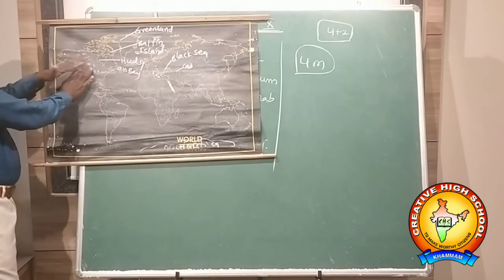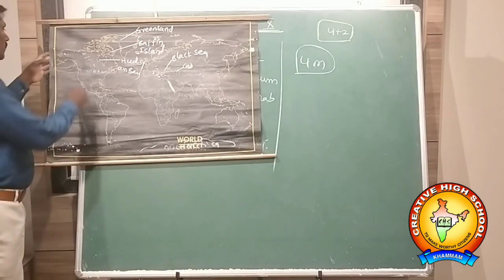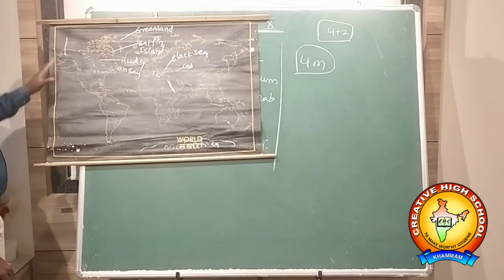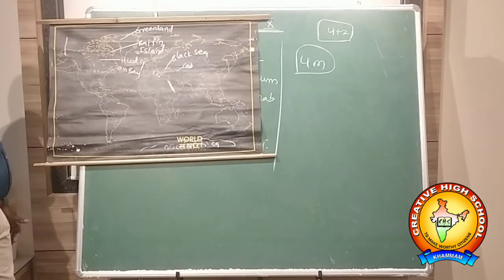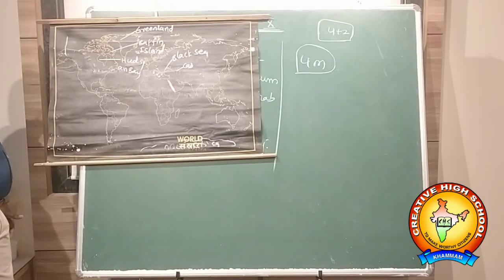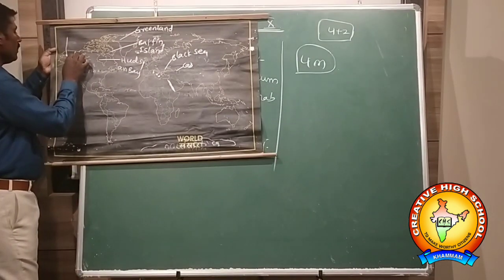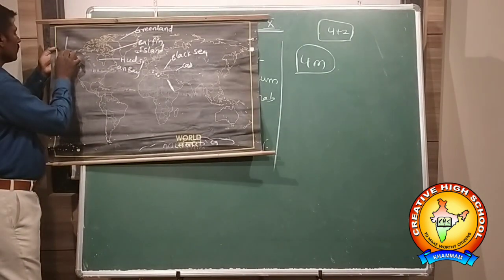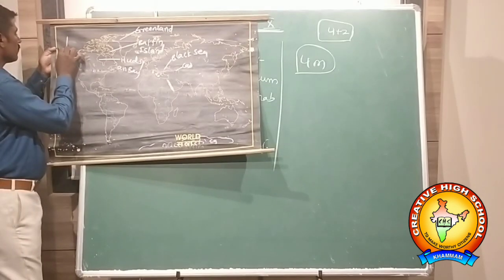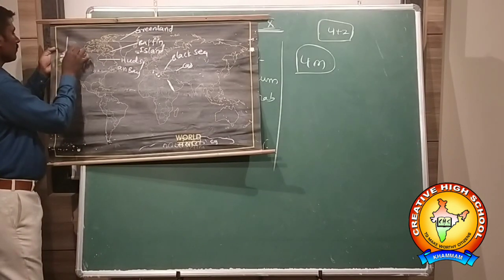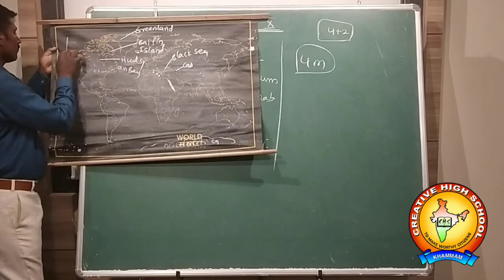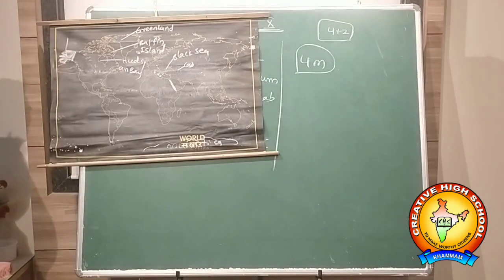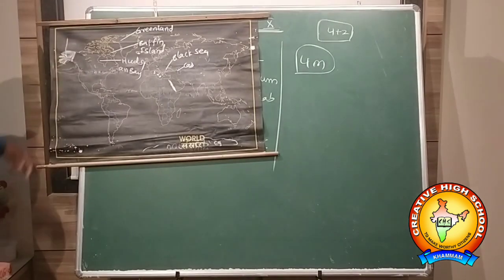And here, if we come to North America, this is Alaska, looking like a flying bird. Shade it. If you shade it, you will be able to understand here. These are the wings. Alaska.